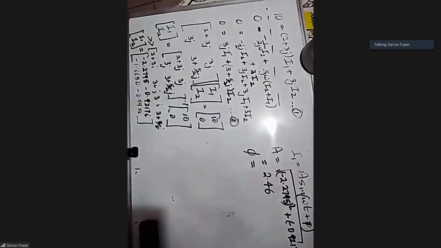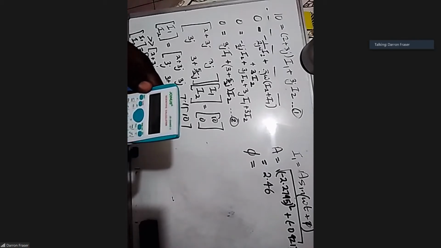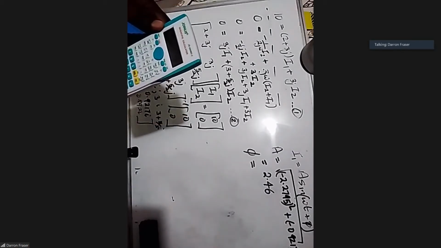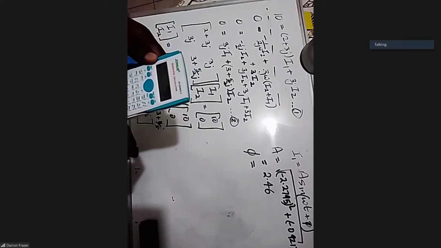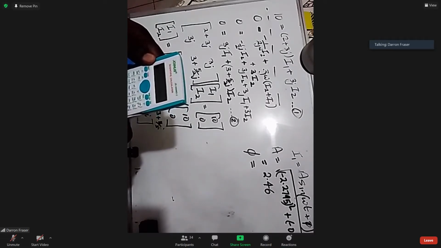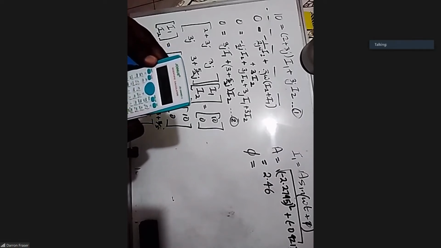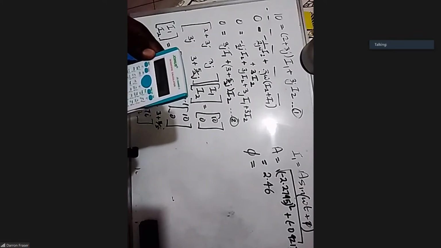How do I find phi? Tan inverse imaginary over real. So I'm going to press tan inverse minus 0.892 divided by minus 1.665 close bracket equal.